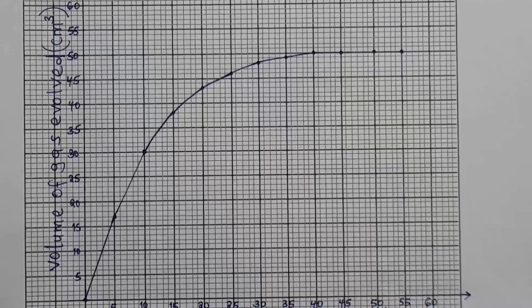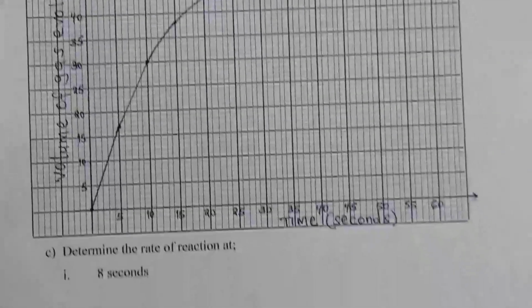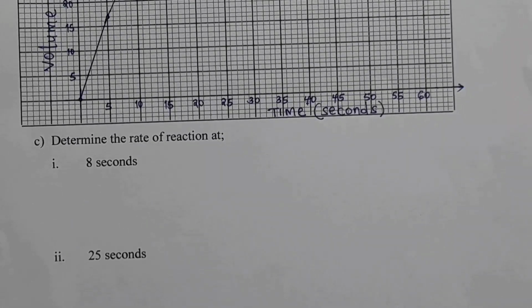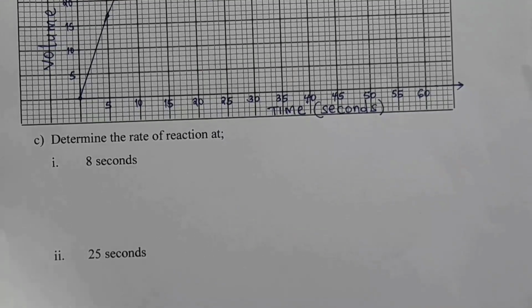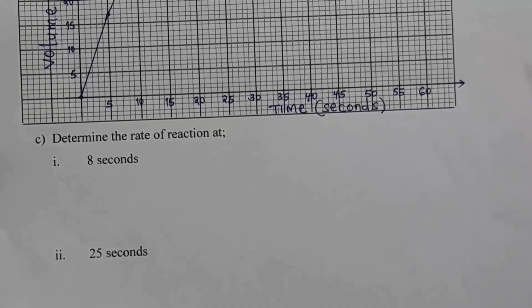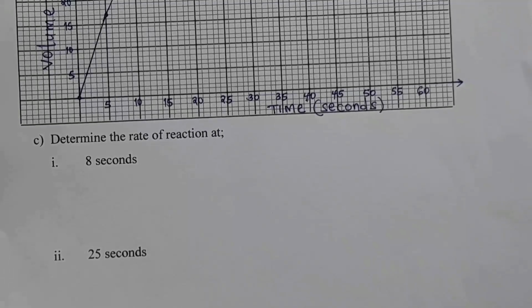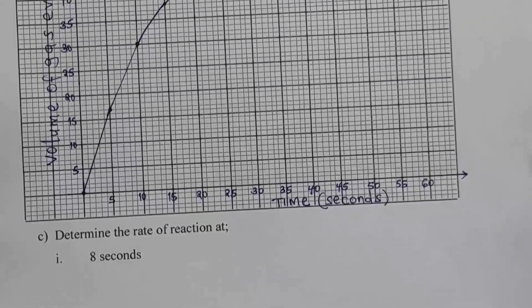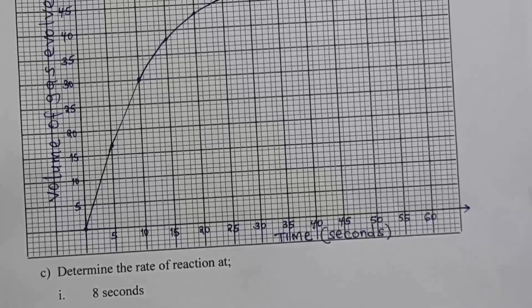After that, we go to part C of the question, and we are told to determine the rate of reaction at 1, 8 seconds, and 2, at 25 seconds. To calculate the rate of reaction at a specific time during a reaction, you are supposed to draw a tangent on the curve at 8 seconds.